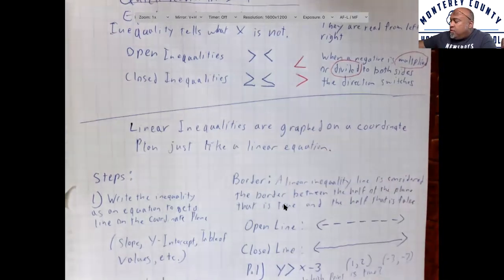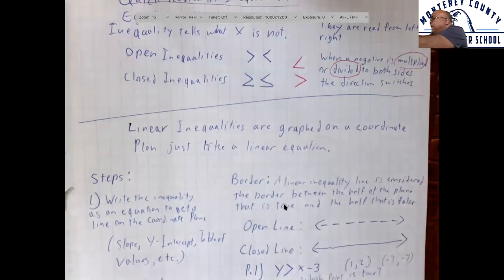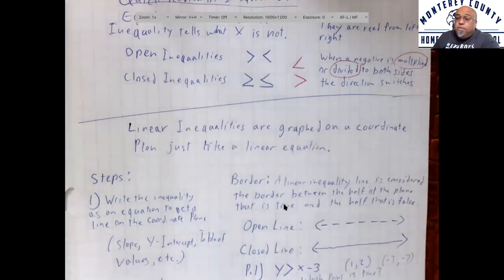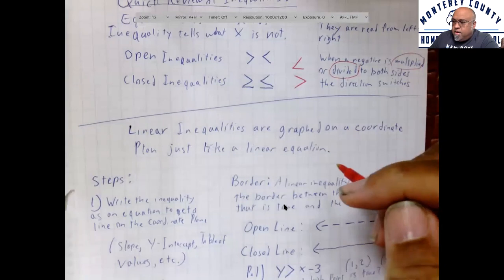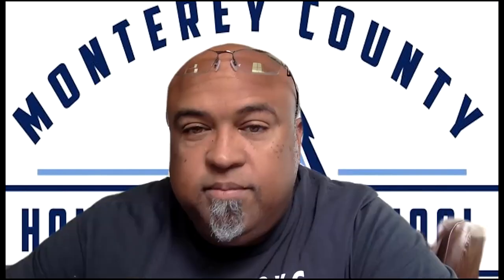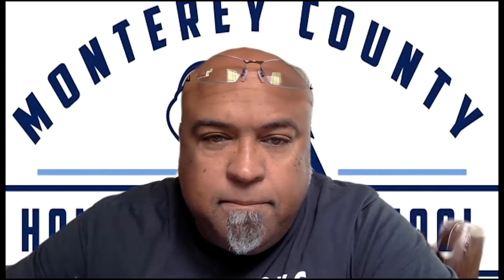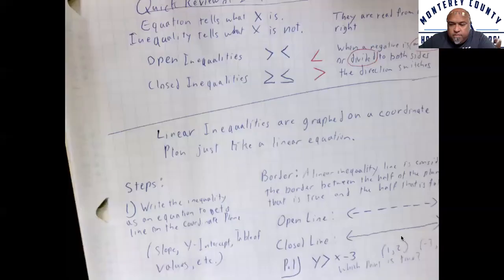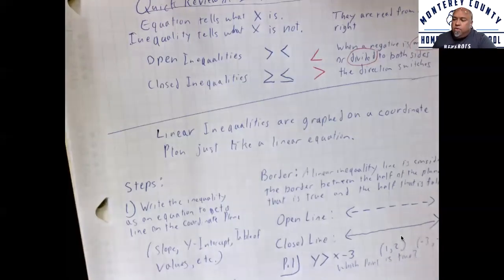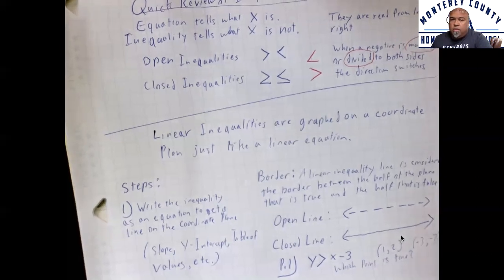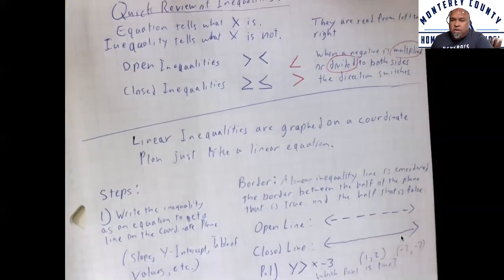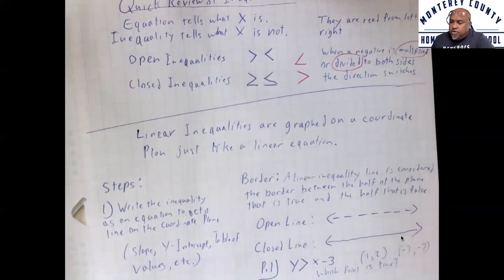Okay, now normally when you graph an inequality, you do it on a number line, but with a linear inequality, you graph it just like you graph a linear equation, okay?